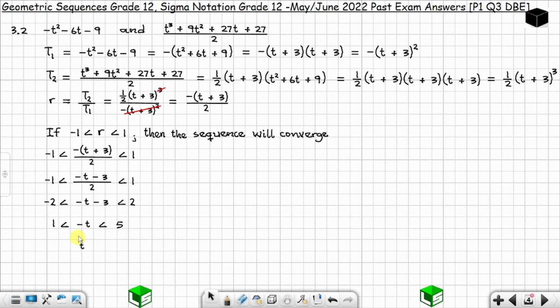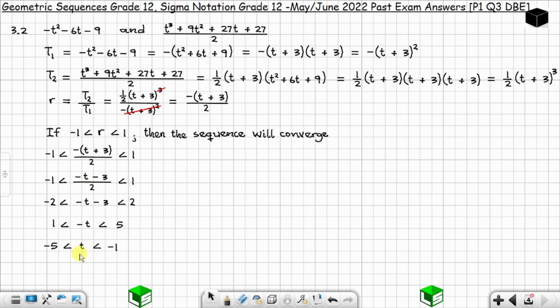Okay, so when you multiply by negative 1 throughout, you are going to have negative 5 on the left and negative 1 on the right, like that. Always make sure you have a smaller number on the left and a bigger number on the right when you are dealing with this type of inequality.